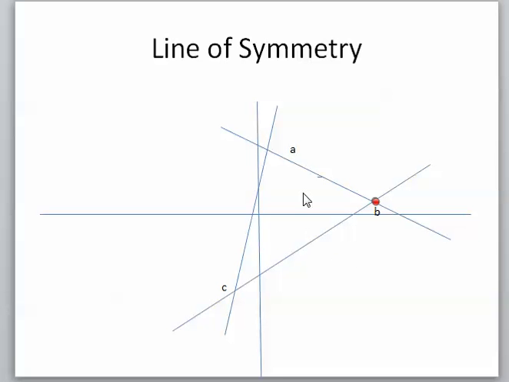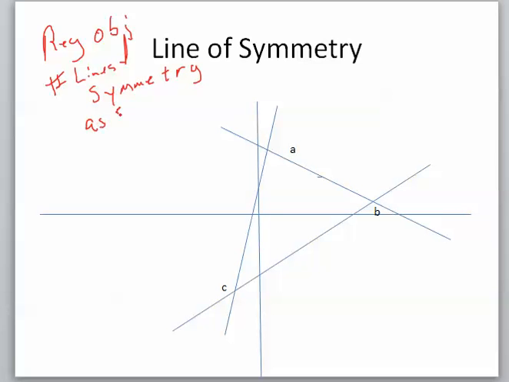Remember, when we're talking about lines of symmetry, if you're talking about a regular object, it has the same number of lines of symmetry as sides. Okay?